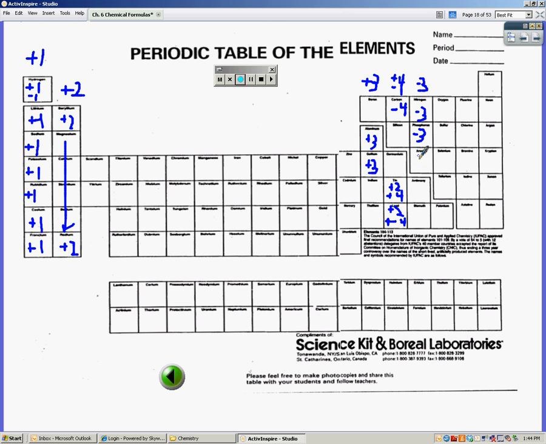Arsenic is actually a metalloid, and it can form 3 different ions: -3, +3, or a +5. Antimony, the next one, +3 and +5. And bismuth, same thing, +3 or +5.